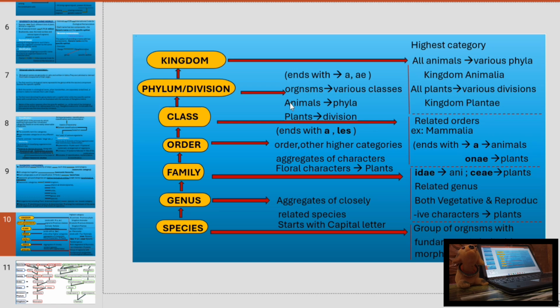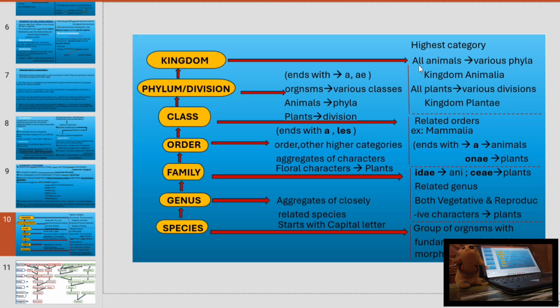You may get confused: for animals it is said to be phyla, and for plants it is said to be division. Don't get confused. For plants it is division, and for animals it is phyla. And next is kingdom, the highest category as of now.